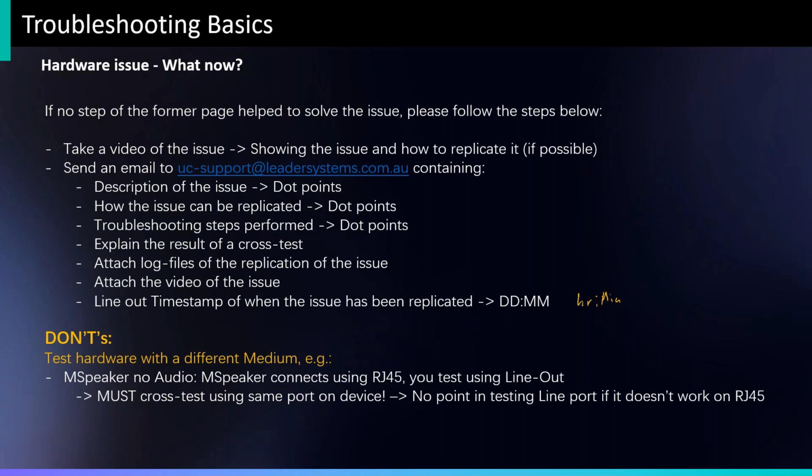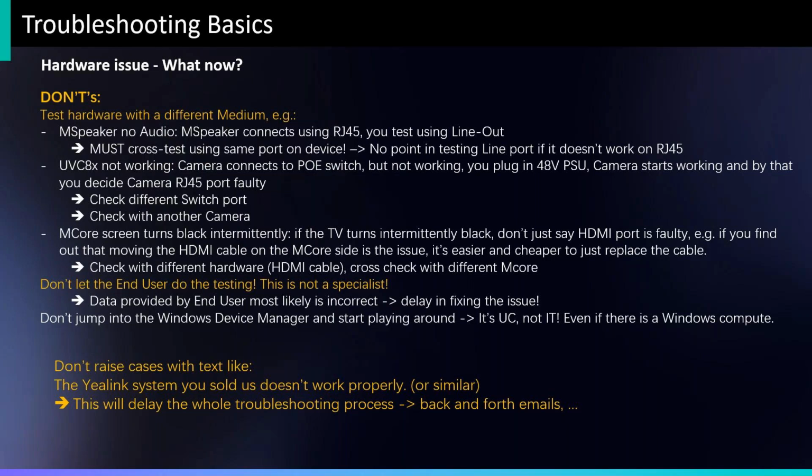Don'ts. Test hardware with a different medium. For example, if the M speaker has no audio and connects using the RJ45 port, why would you test it using the line out port? Doesn't make sense. If the RJ45 port is suspected faulty, then you have to replicate the issue on another system or with an M speaker using the RJ45 port.